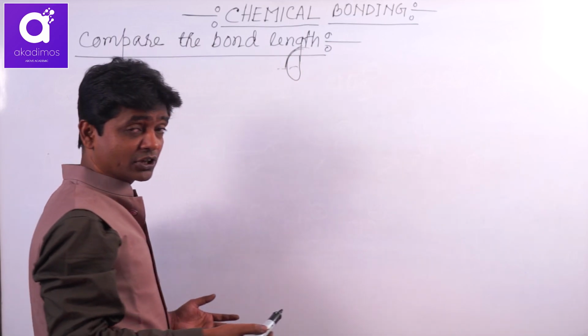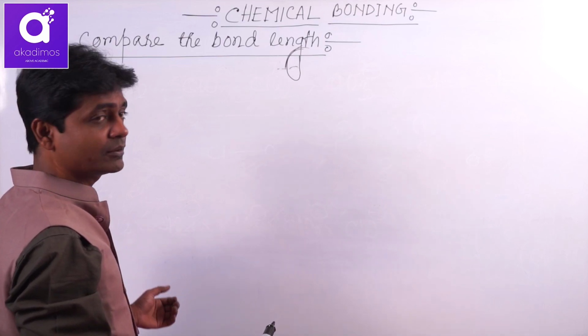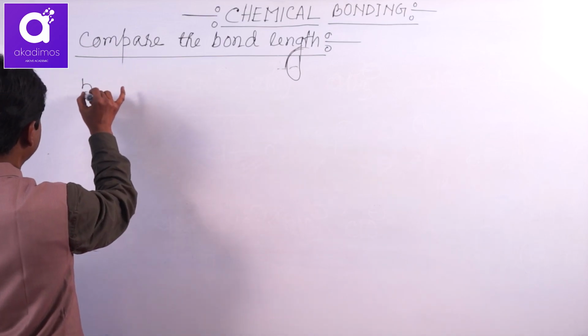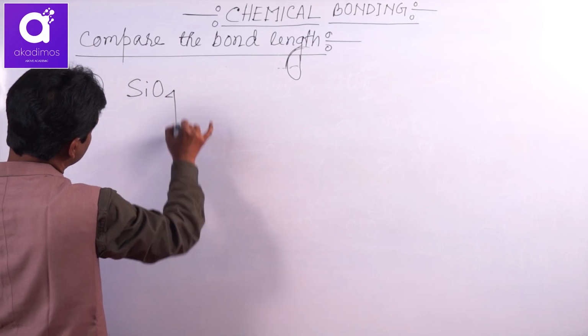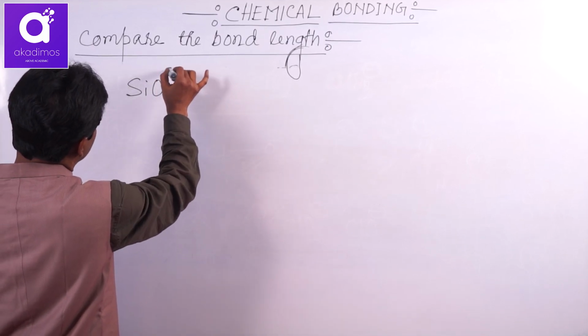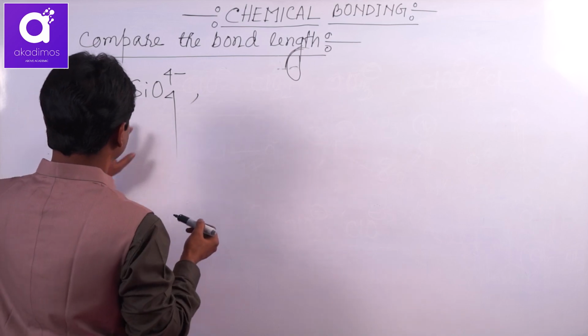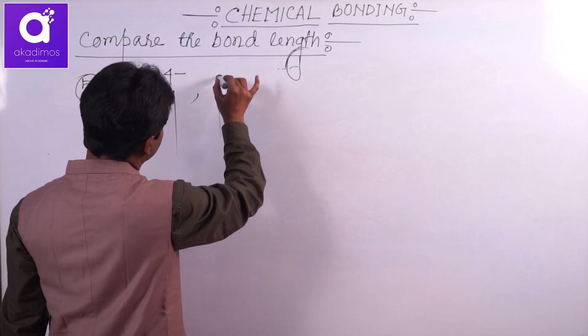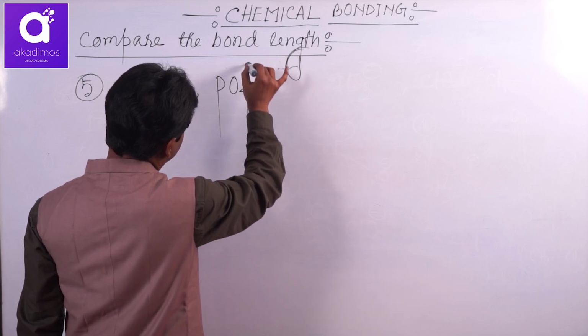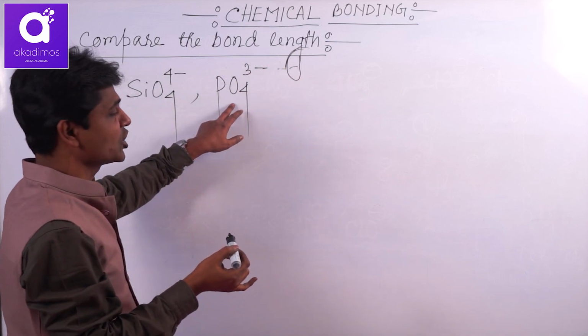The example of how you will compare the bond length. The fifth example I am taking is silicate, a very common species, zeolite, SiO4 4 minus. Here I will take the silicon-oxygen bond length, then phosphate, I will take the phosphorus-oxygen bond length.